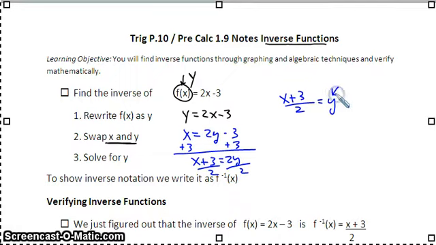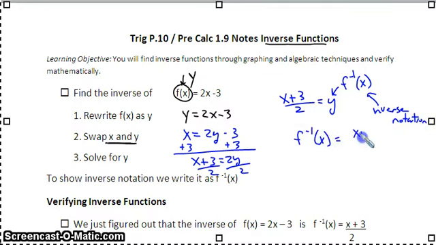We want to change it back to our f of x. But we don't want to label it as f of x either, because it's not the f function, it's the inverse of the f function. So the way we show that notation is we do f raised to the negative 1 of x, and that is inverse notation. So it would really say that the inverse of f is equal to x plus 3 all divided by 2.